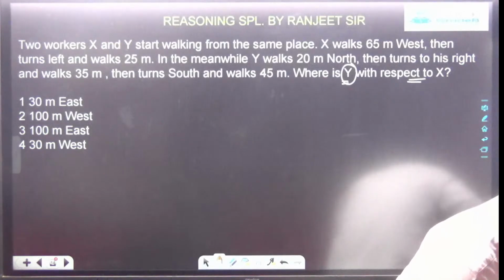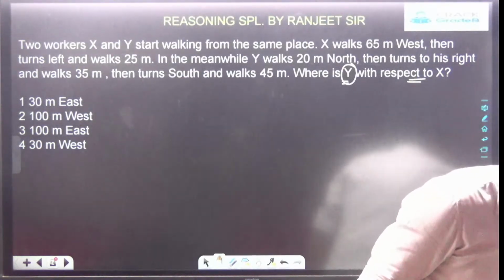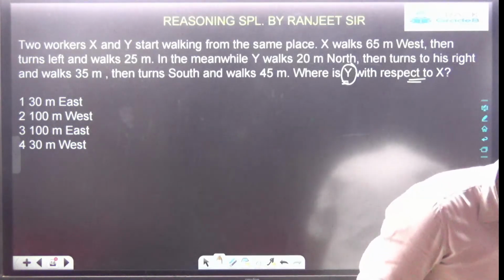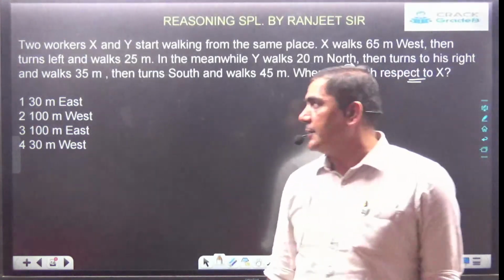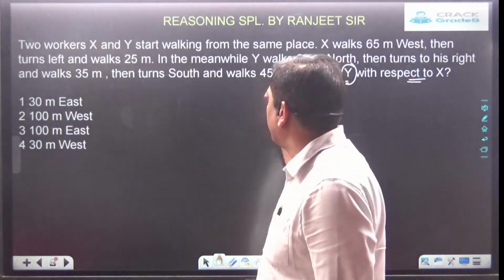Okay, Aniket is saying 100 meter east. Aniket is also saying third is the answer. Okay, let's go for the answer now. There are two workers X and Y who start walking from the same place.